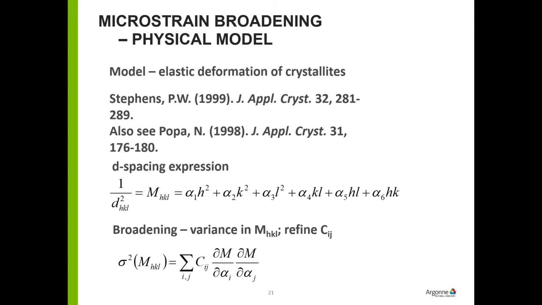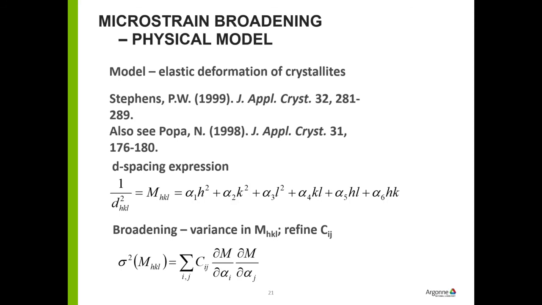And basically the idea is that you take the expression that's used to calculate the d-spacing, which is this, and say that there's some variance in the 6 coefficients. Normally, this one, by the way, is A star squared, and this one's B star squared, and so forth. But what we're interested in is the variance in these things.